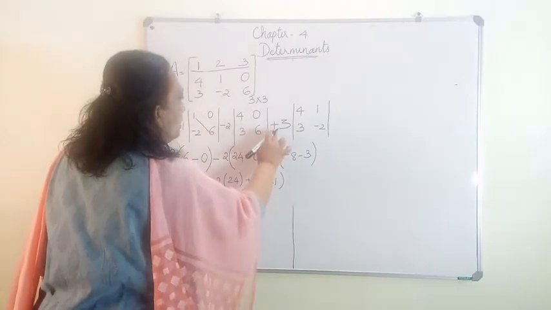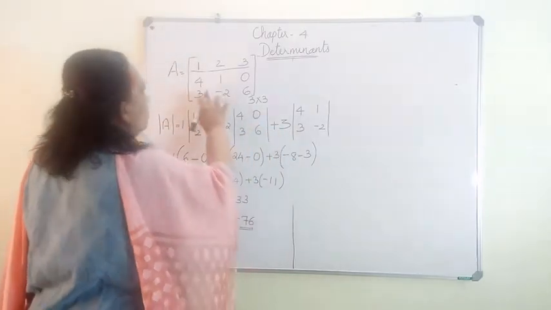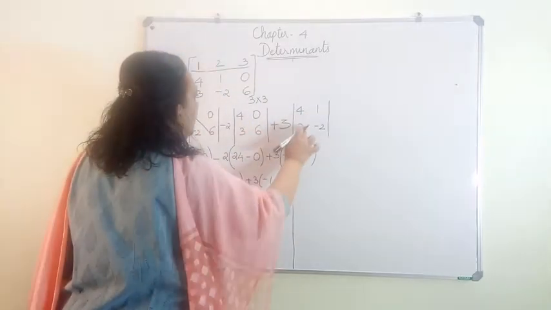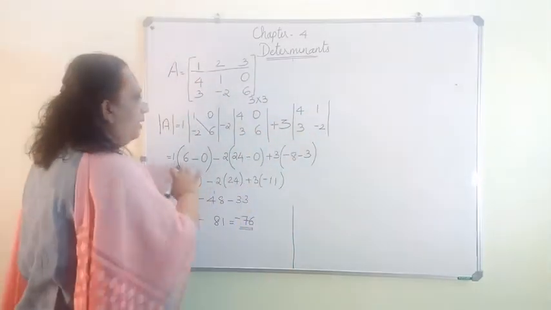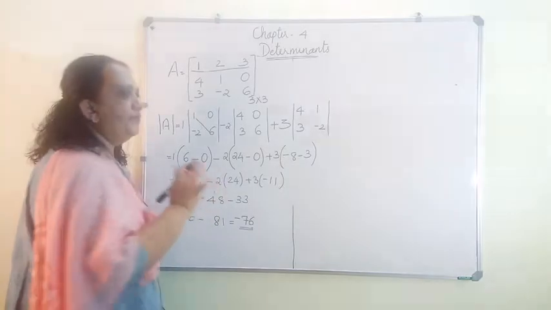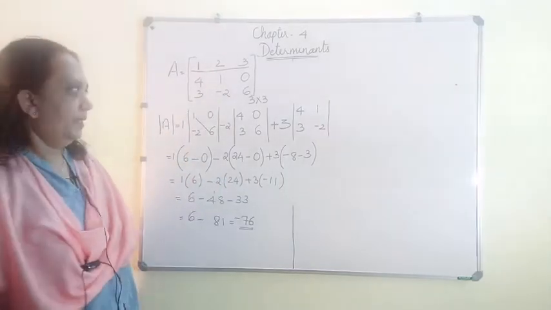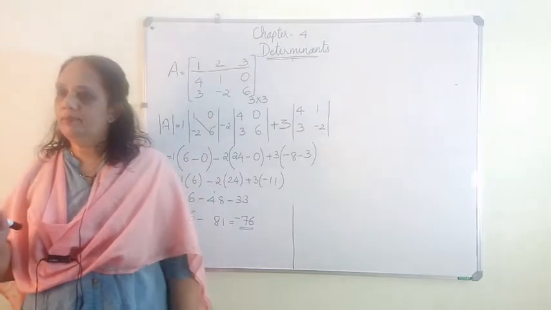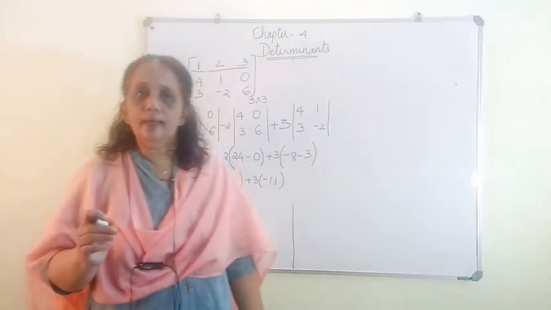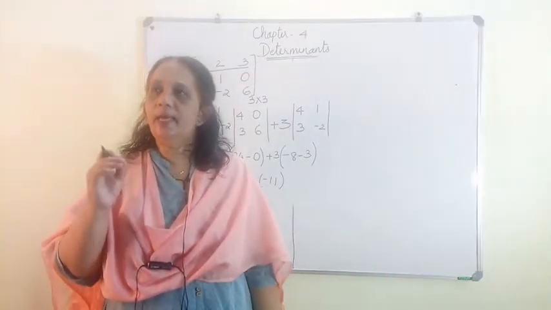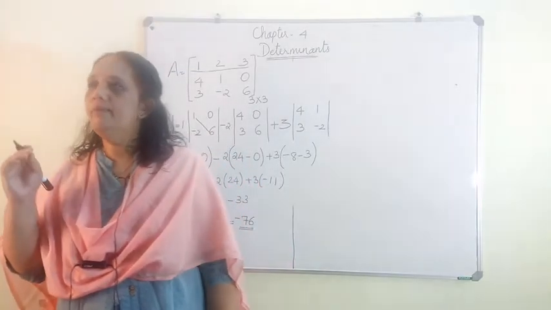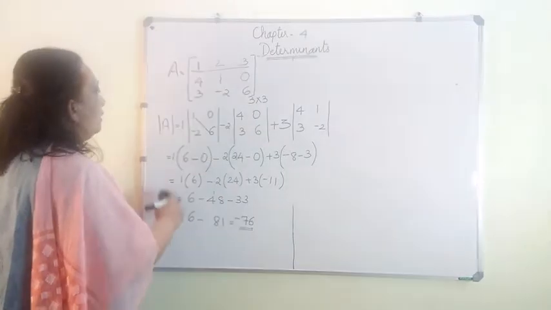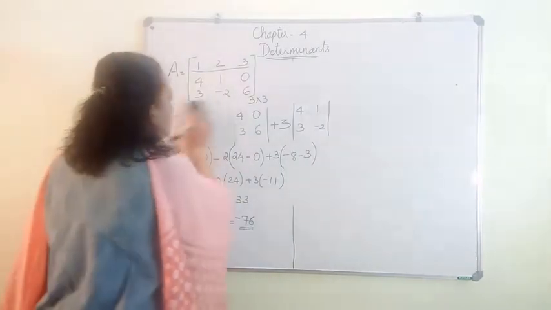Then, the alternate sign, plus 3 into, eliminate the first row and the third column, 4, 1, 3, minus 2. And now you are finding the value of the second order determinant. So, this is how you get the value of a third order determinant. As I said in the earlier class, the value of the determinant can be positive, negative, 0 or a complex number.